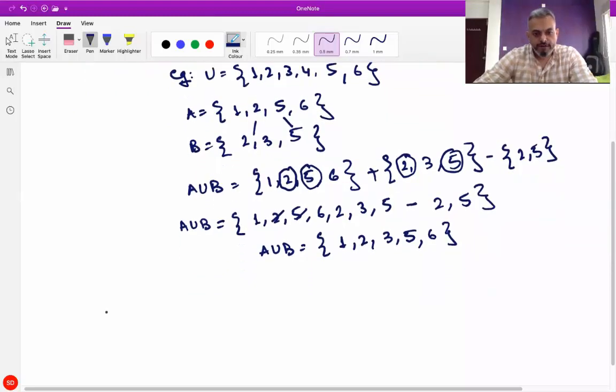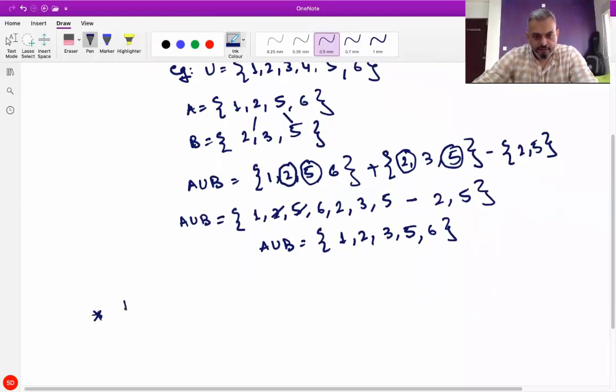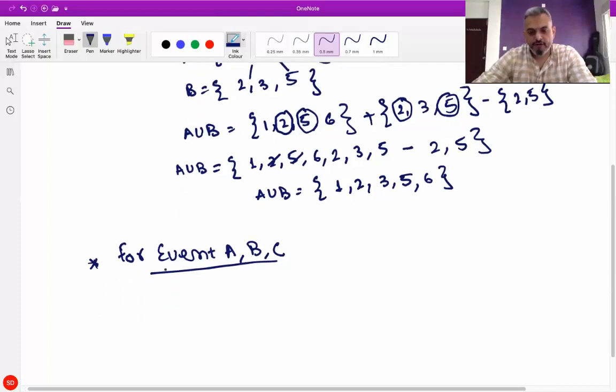Now, what if there are 3 events A, B, and C? What will be the law of addition of probability? This is really very important and it can come in your exam for 1 mark, a short question.